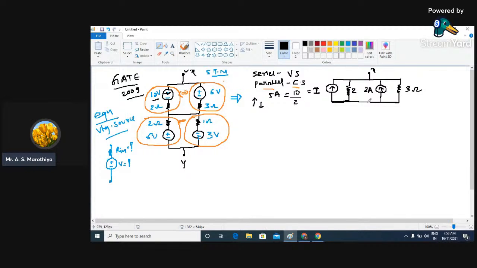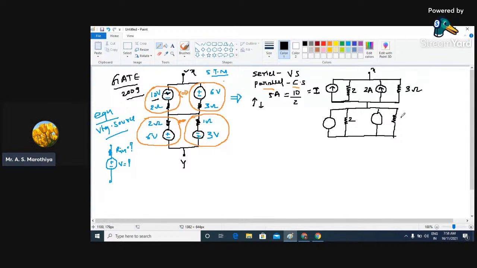Again apply the same logic to the remaining portion of the circuit. So here we have a current source followed by internal resistance. In the same way, somewhere over here we have another current source with its internal resistance. Now what is the value of this? It is going to be 2.